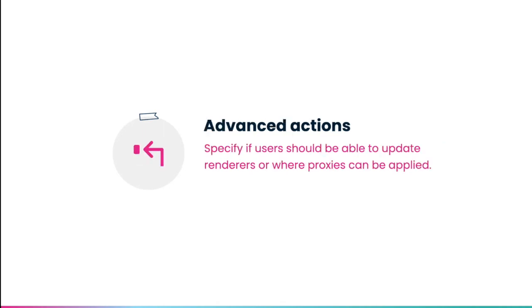And in recent releases, we've also introduced renderers and proxies. So who can control what proxies are attached to particular URLs? And should everyone be able to change renderers or not that are associated with blocks? So lots of granularity for different supported actions on nodes themselves.